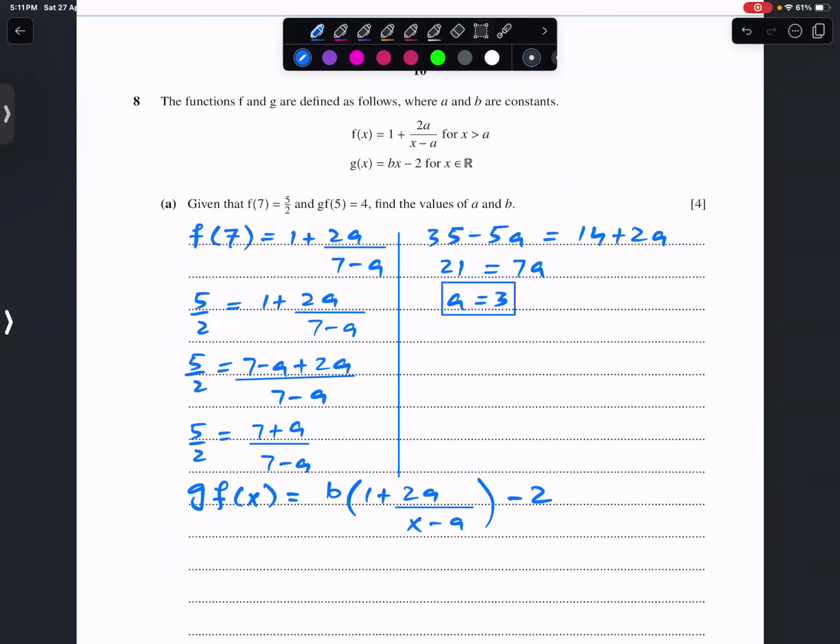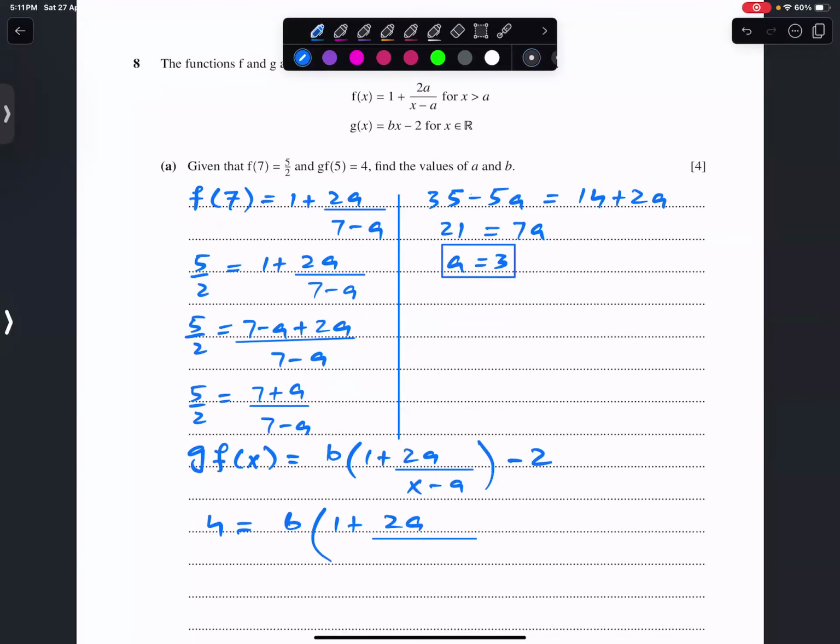Now you will put 5 here, and the left side will become 4 because GF at 5 is 4. So b times 1 plus 2a over 5 minus a, minus 2.